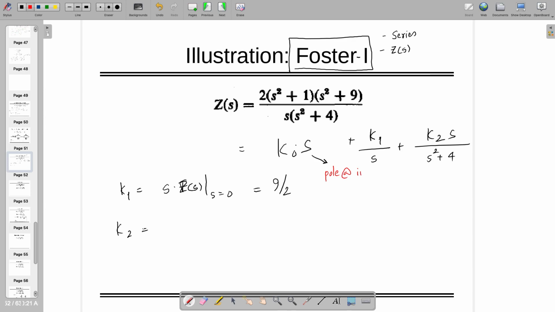So if it is a pole at infinity, then you can find out k0 is equal to, can you write down the equation? The limit s tends to infinity, 1 by s times Z of s. Which one? K2 or K0? K2 is equal to 15 by 2.